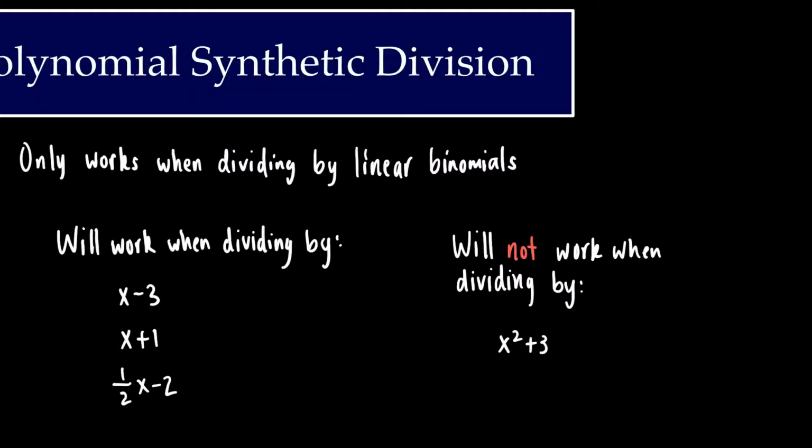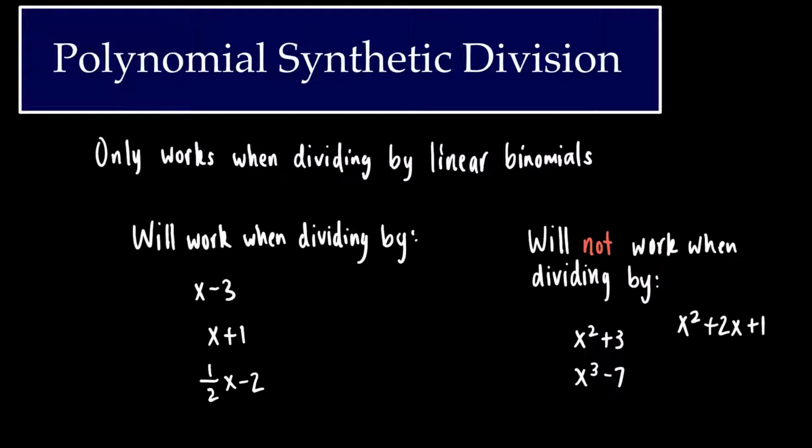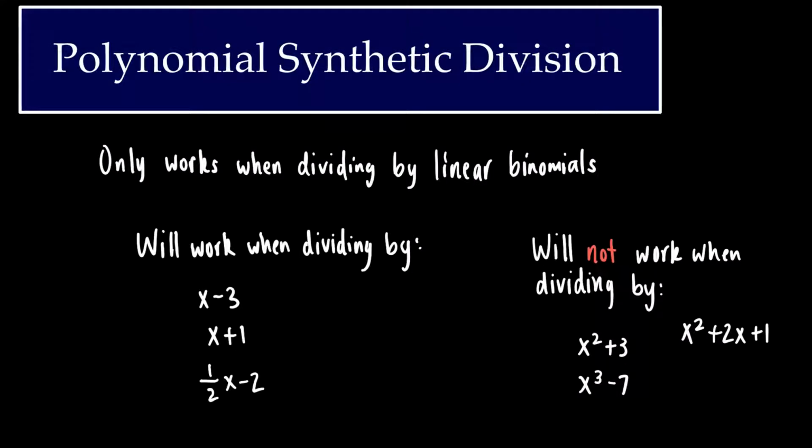So you can't use it for that. If you tried x cubed minus 7, that would not work. If you tried to divide by x squared plus 2x plus 1, that is a trinomial, quadratic. It would not work. Okay, so this will only work when you're trying to divide by simple things like this.